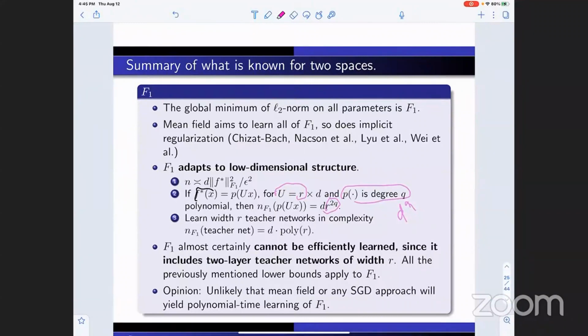And thinking in this abstract functional analysis viewpoint or mean field viewpoint, it is very hard to leverage any data structure either in P of X or Y conditioned on X. So it's unlikely that mean field or any SGD approach really, or any algorithm really, will yield polynomial time learning for all of F1.